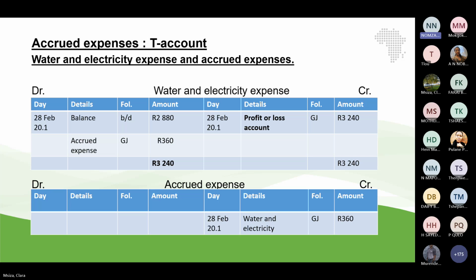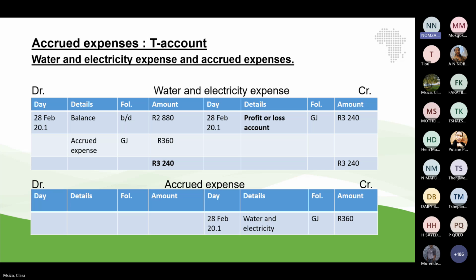Does it relate to the period from 1st March 20.0 to 28 February 20.1? So why is there a split between this? If it relates to the same period, why is it split at 2,808 plus 360 if it covers the same period? This 360 has not been taken into account, meaning it was not included in the 2,808. Do you understand that part?